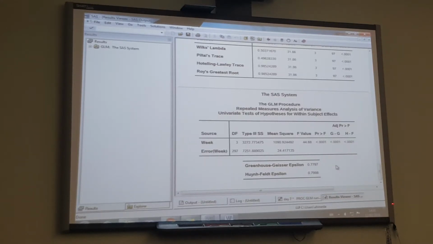So when I'm reporting, there is a significant difference among this medication over weeks, and the p-value is 0.001. The p-value is this, 0.001. But remember, this is not medication yet. This is one sample, remember?